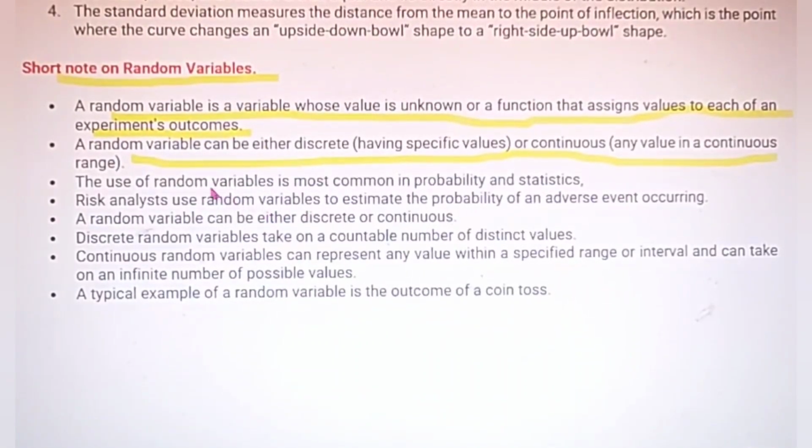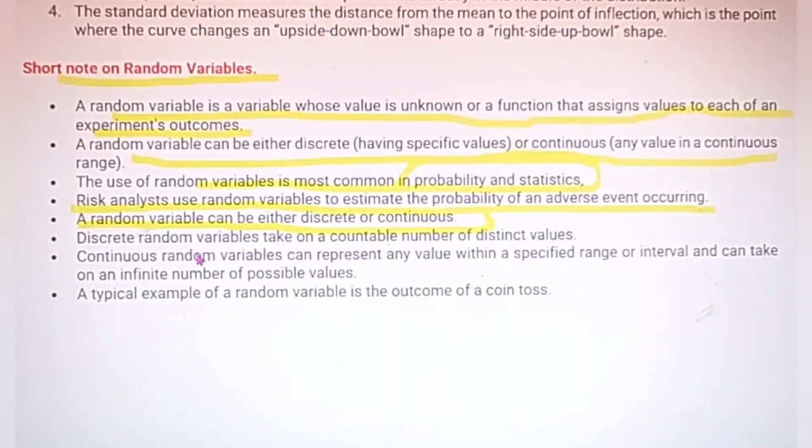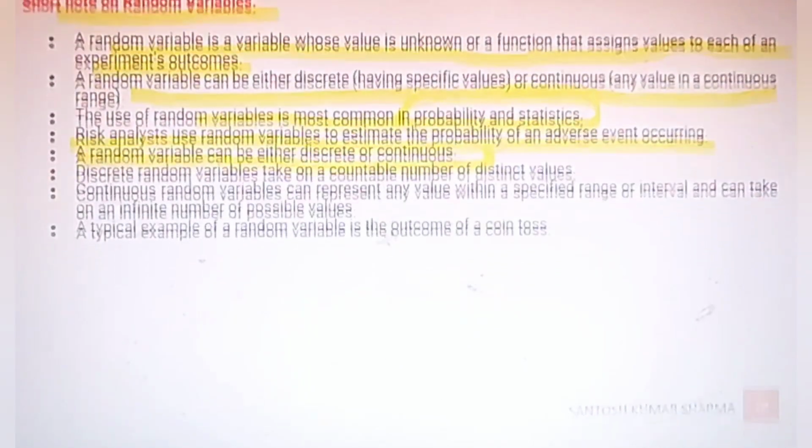And generally we use random variables in probability and statistics. It is quite commonly used here. Risk analysts often use random variables to estimate the probability of an adverse happening. And the random variables can be either discrete, as we just told, about having a specific value, or continuous, about any values that are continuous.